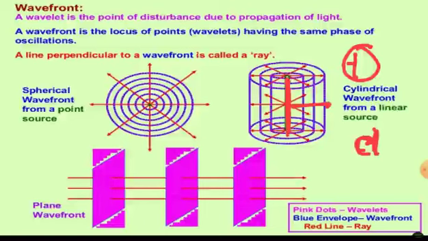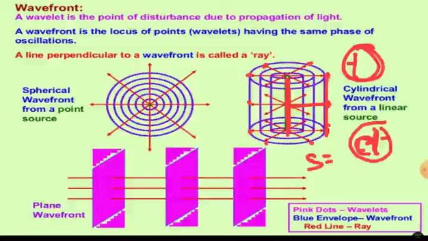To reach these points from the source, during this time small t, the distance will be this much, ct. Why? Because distance is equal to velocity times time. At the same time, the phase of oscillation of this light wave will be the same at all those points. So when you join all those points, it will have a cylindrical shape.